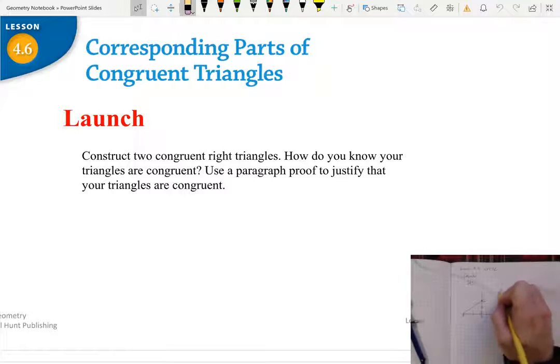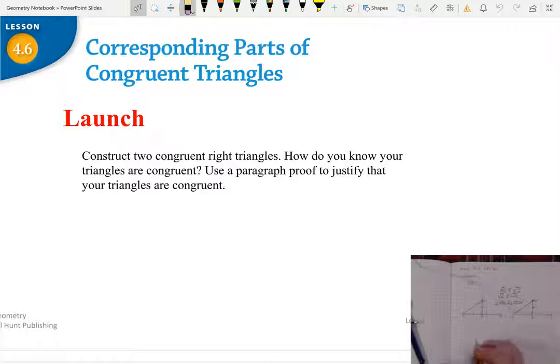So AD is congruent to XZ, and then CD is congruent to WZ, and also angle ADC is congruent to angle XZW, which are both 90-degree angles.